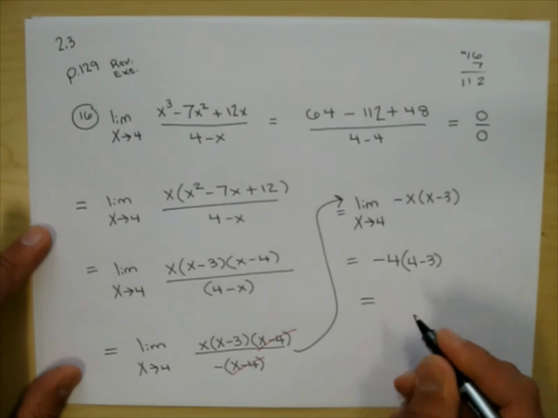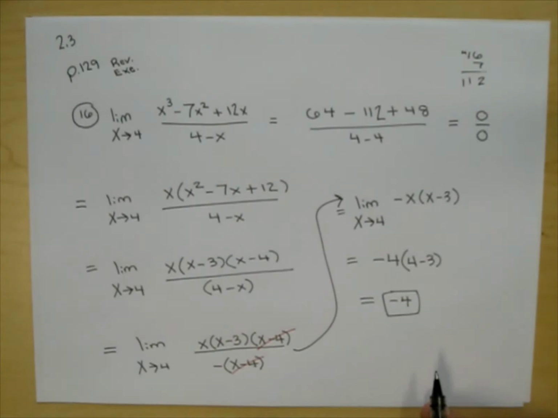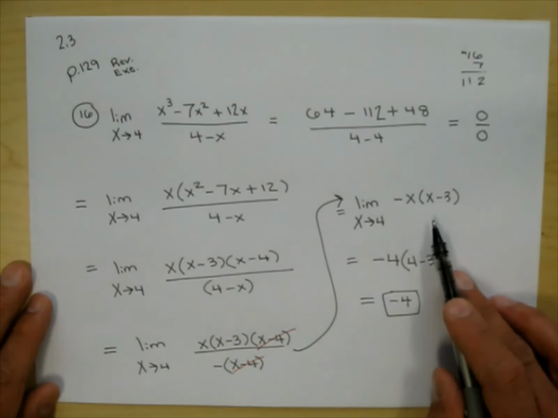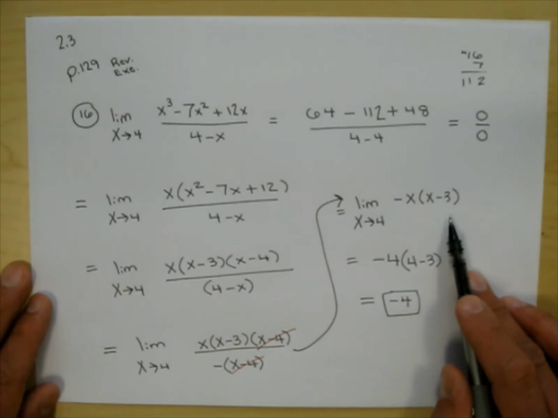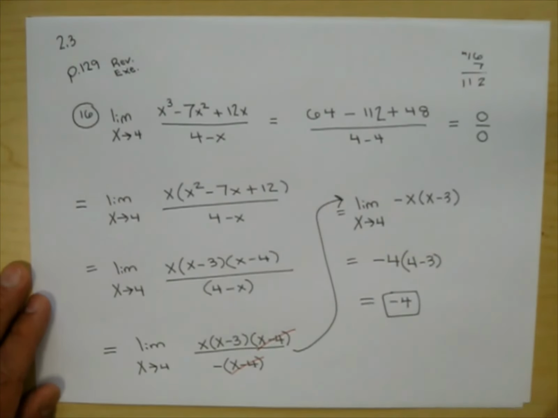So it looks like my final answer is going to be negative 4 for the limit. What this looks like in terms of the graph, you don't have to care, but there is a graph. I would say that that looks like a parabola, and the parabola has a hole at x equals 4. So the y value is going to be negative 4.